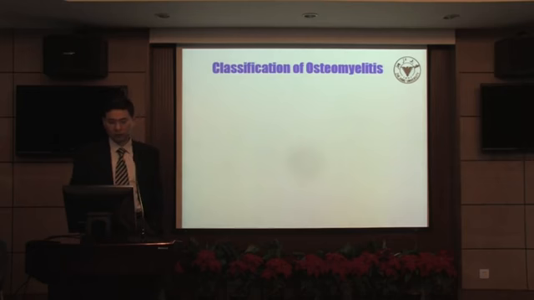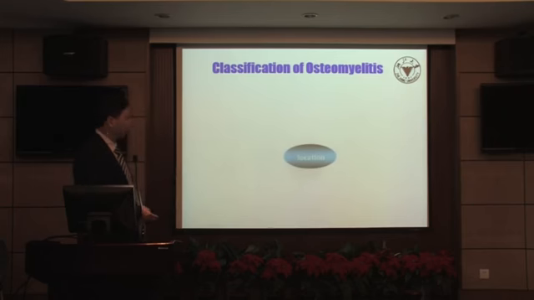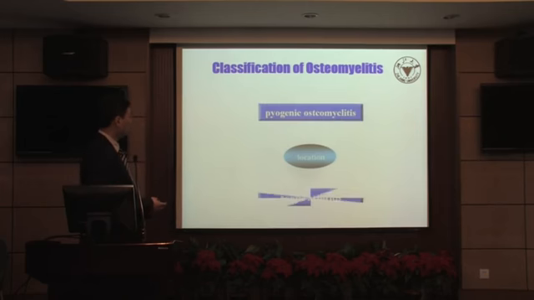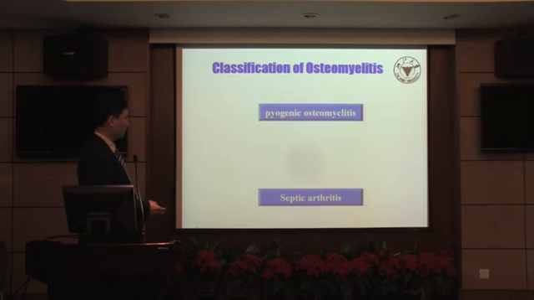In this slide, we are going to talk about the osteomyelitis classification. If we classify by the location of the osteomyelitis, we have pyogenic osteomyelitis and septic arthritis.